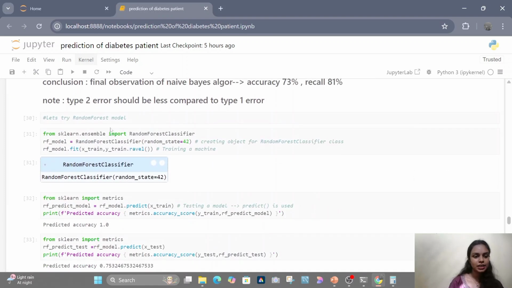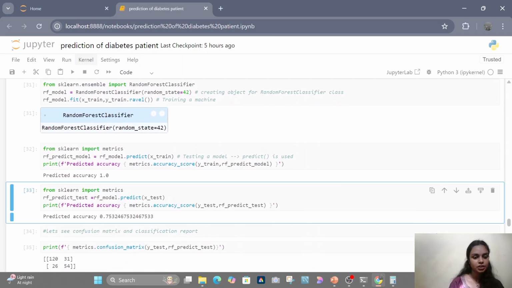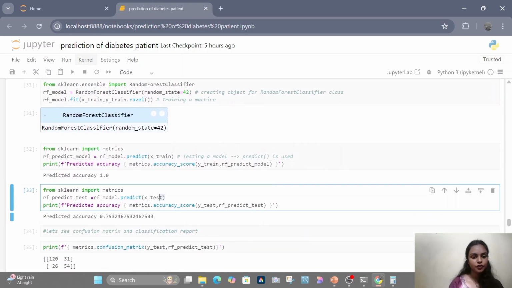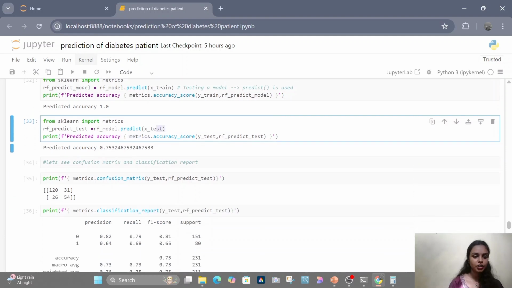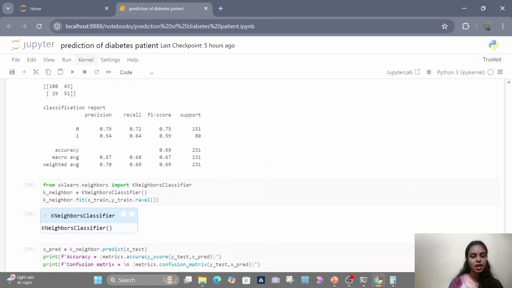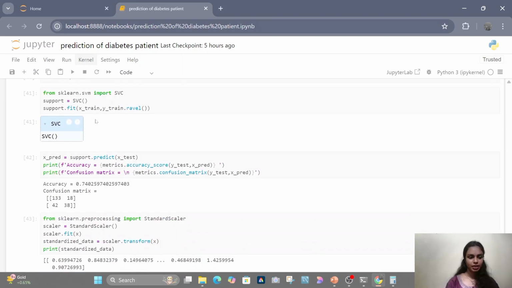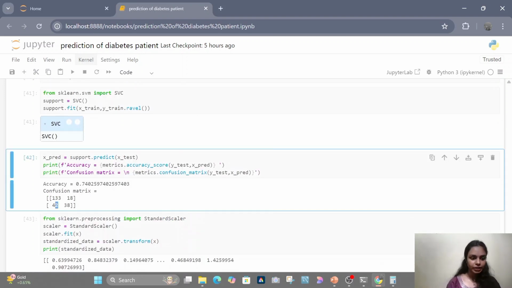In this we can say that the random forest algorithm has given 75 percent for testing, and for training it is 1.0 accuracy. For logistic regression, it is 68 percent, and KNN has given 73 percent. If you see SVC, the false negative count is higher.